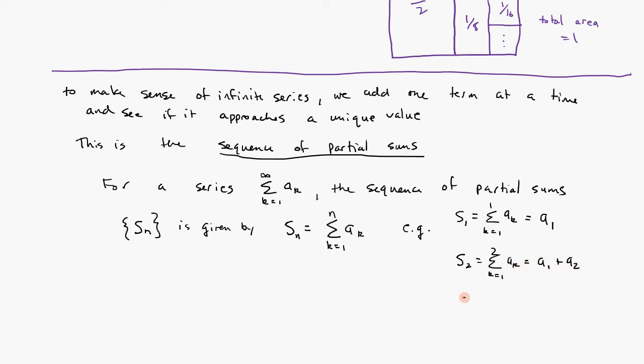And then similarly, S sub 3 will be a sub 1 plus a sub 2 plus a sub 3. So basically, what we're doing is we're adding one additional term each time to get this sequence, and we look at if this sequence approaches a value to determine the value of the series.